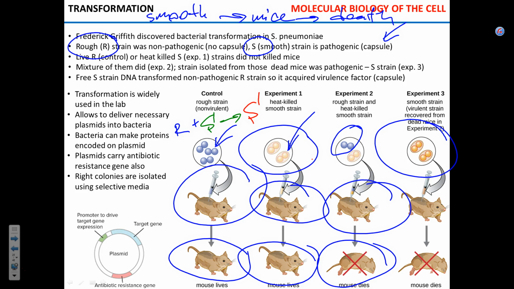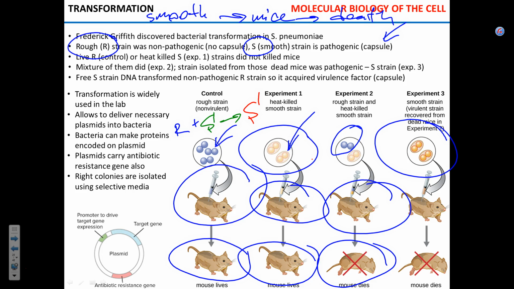For a pretty long time, the idea was that it's proteins that are transferred from one strain to another that confer pathogenicity. But later it was demonstrated it's DNA that confers that pathogenicity.